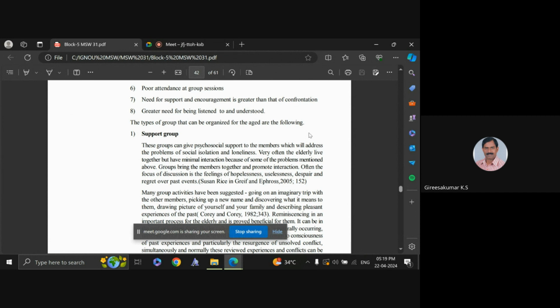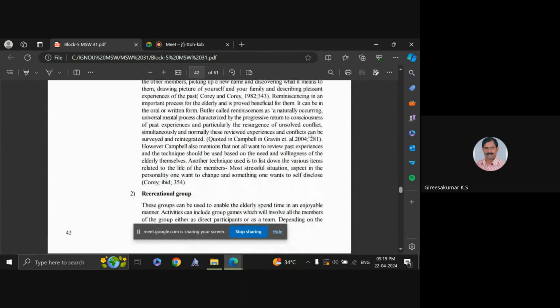Then recreational groups: how these elderly people spend their time.